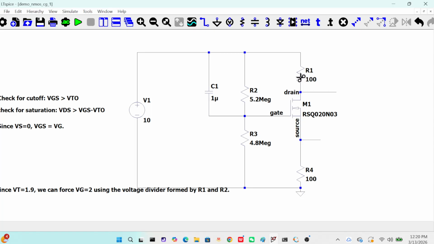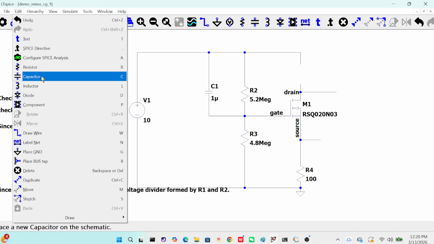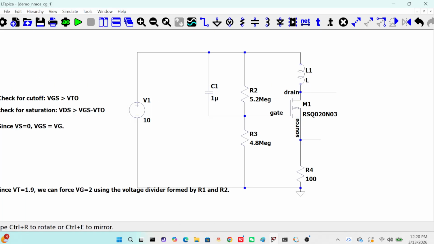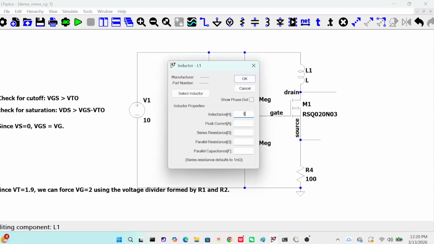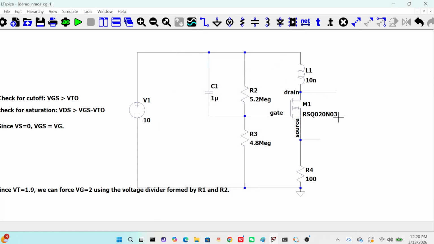And we don't need the resistor attached to the drain. Instead, we are going to use an inductor. The inductor, to start with, I will use 10 nano. Not quite large, but it should be okay.